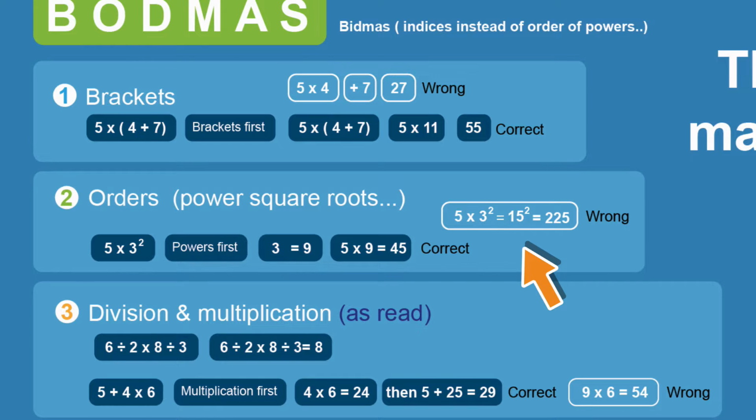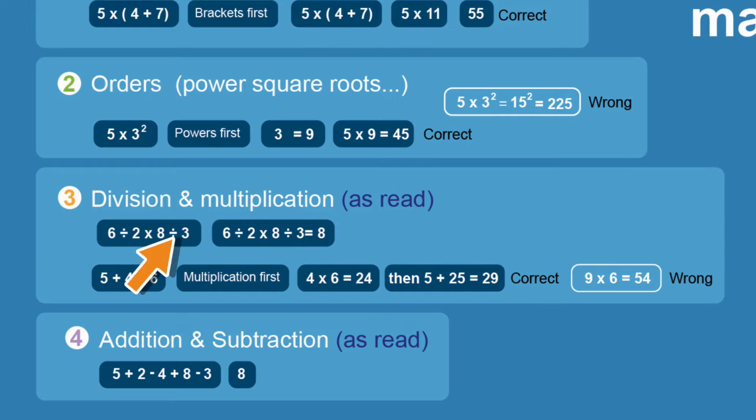because you can get vastly wrong answers. Division and multiplication you can do as read, from left to right. 6 divided by 2 times 8 divided by 3. 6 divided by 2 is 3. 3 times 8 is 24, and 24 divided by 3 is 8. The answer is 8. You can see in the order of operations that multiplication comes before addition. Here's why.